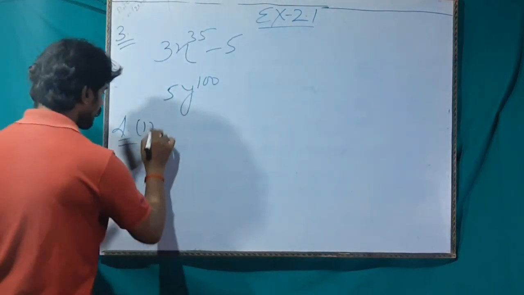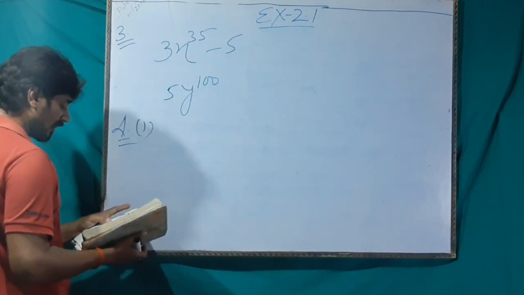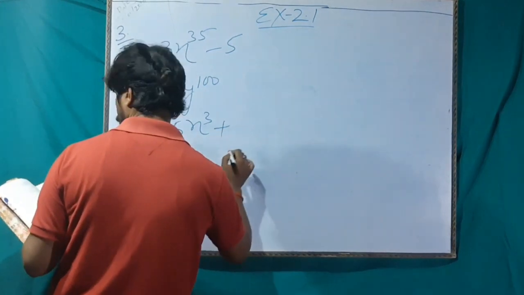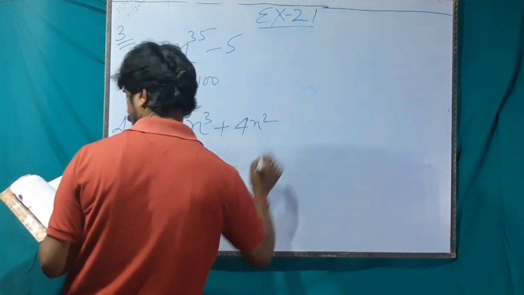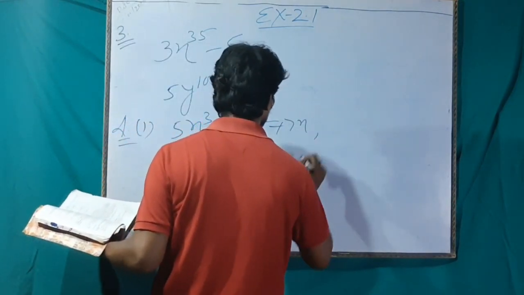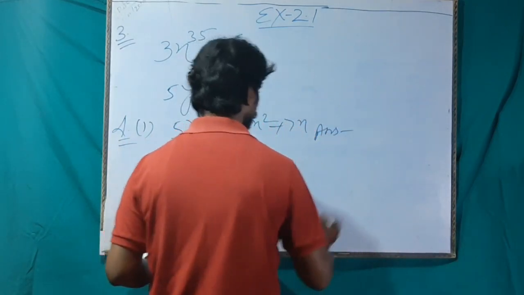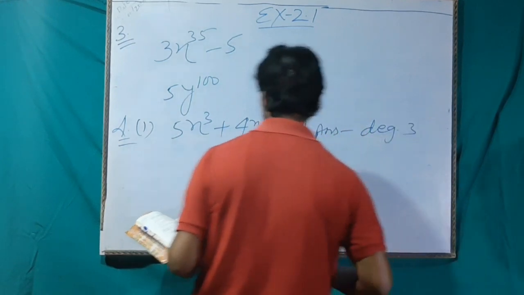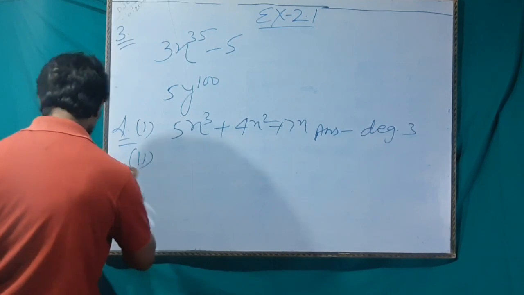So, for question first of fourth, 5x cube plus 4x square plus 7x, its answer is degree 3. Maximum degree is 3.